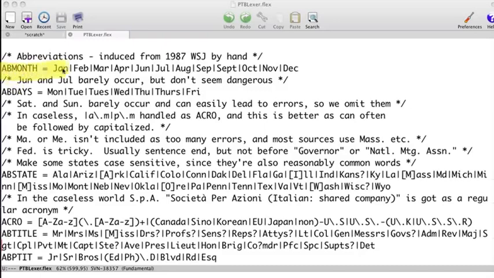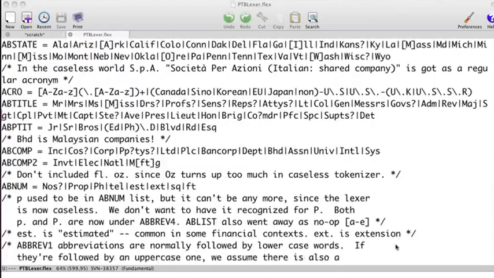So here we have one for abbreviated months, and here we have one for abbreviated days of the week, and that continues on for some of these other ones like American states and various other kinds of person name title acronyms down here. But let's go on a little bit further to one that's a bit more interesting than that.